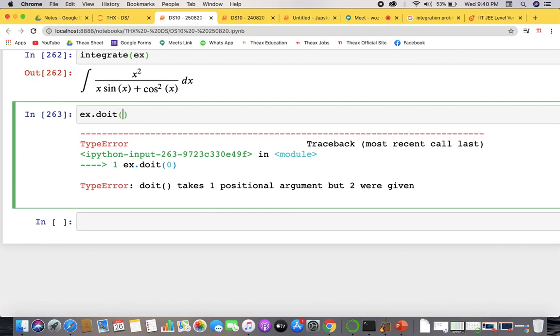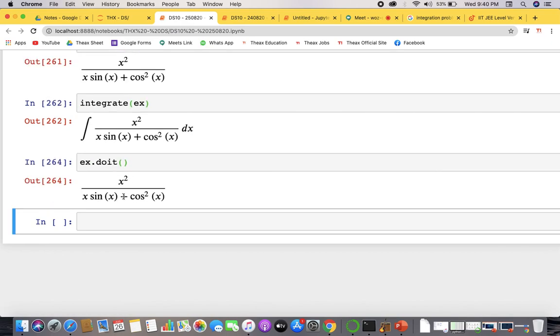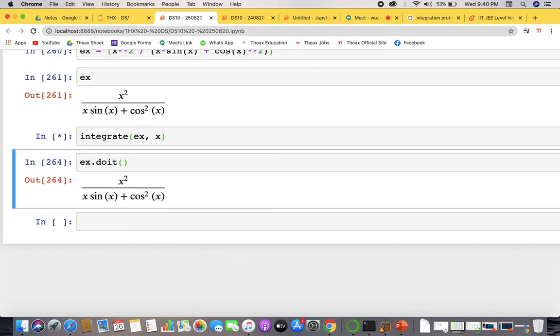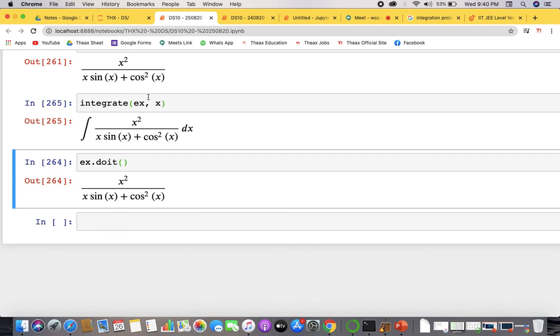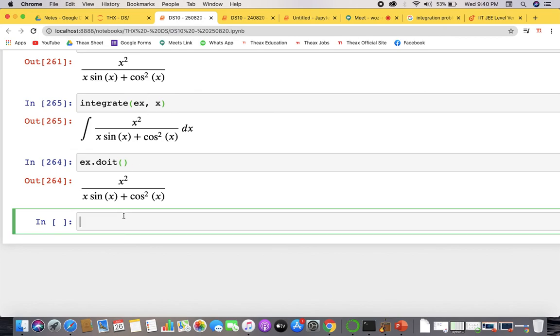I think something is not working up there. There is an integral. Integral is also giving the same.